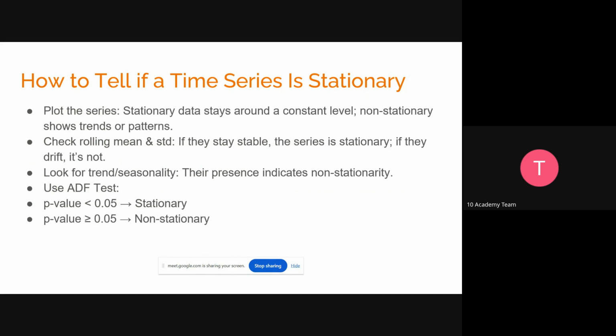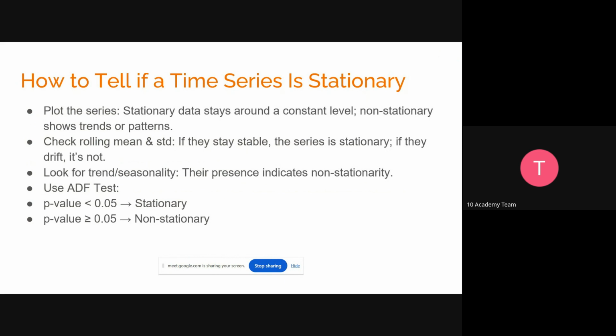First, you have to plot the series. Stationary data stays around a constant level, and non-stationary data shows trend or patterns. As soon as you see the plot, you can tell whether the data is stationary or not. Second, check the rolling mean and standard deviation. If it's stable, the series is stationary. If it drifts, it's not.